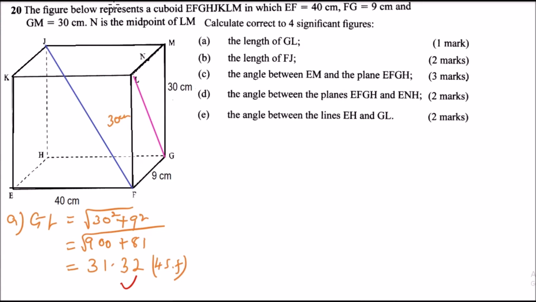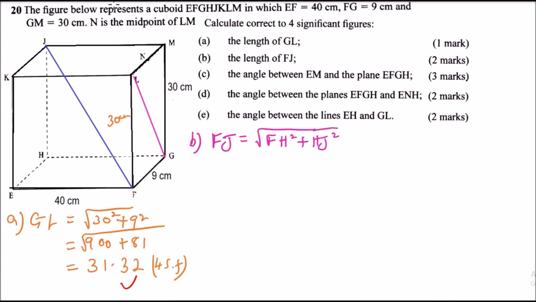So this is part B of the question, and to get FJ is equal to the square root of FH squared plus HJ squared. This is because FHJ is a right angle triangle, and therefore we can use the Pythagoras theorem.